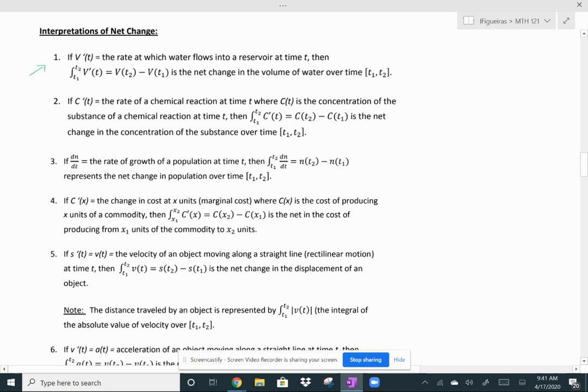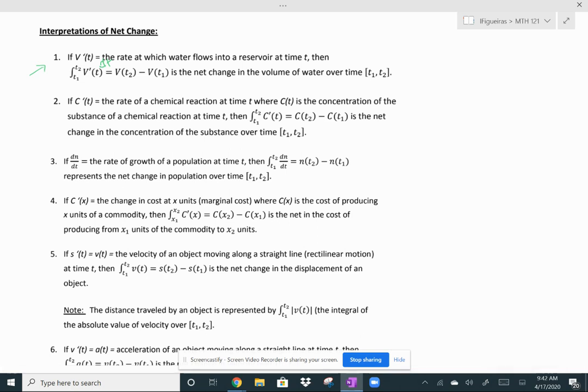If v prime of t is the rate at which water flows into a reservoir at time t, then the integral from t1 to t2, meaning 2 different times in my limits, of v prime of t, and I forgot to write my dt, is equal to v of t sub 2 minus v of t sub 1.